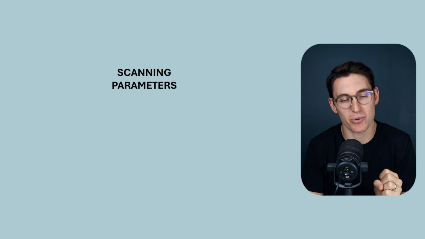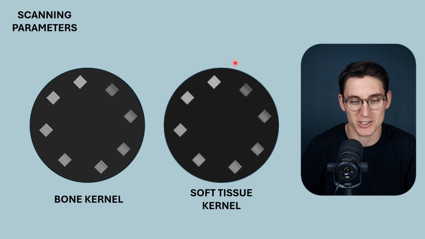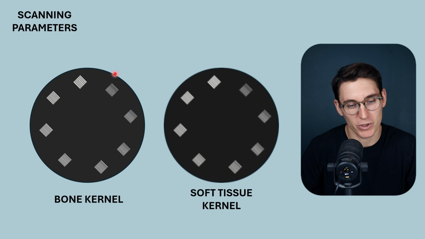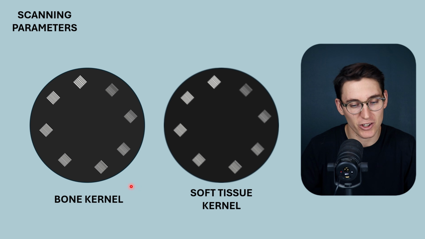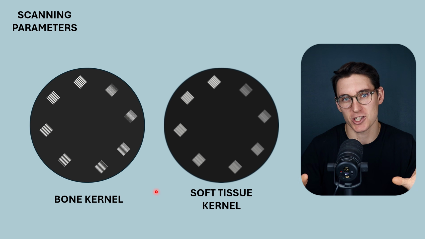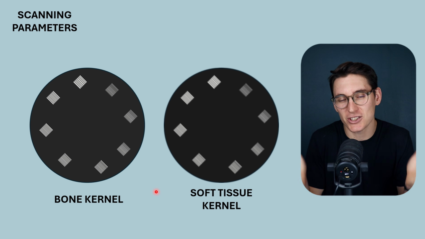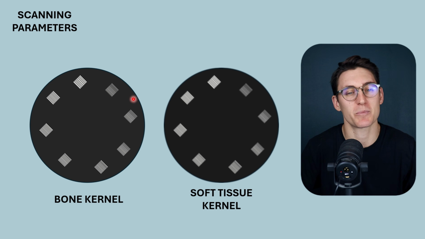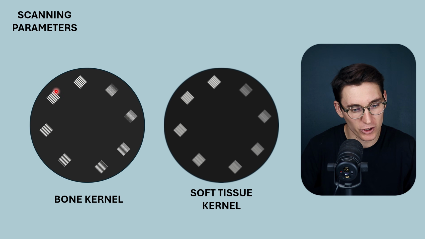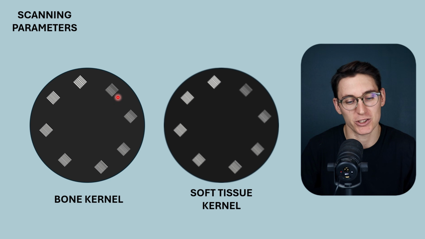Let's look at some scanning parameters that are going to influence our spatial resolution. Now, we saw this visual representation of spatial resolution earlier. Depending on the kernel that we apply to our image, depending on what parts or what features of the image we want to highlight and which we want to suppress, we're going to get different spatial resolution. A bone kernel is going to give us very crisp spatial resolution.